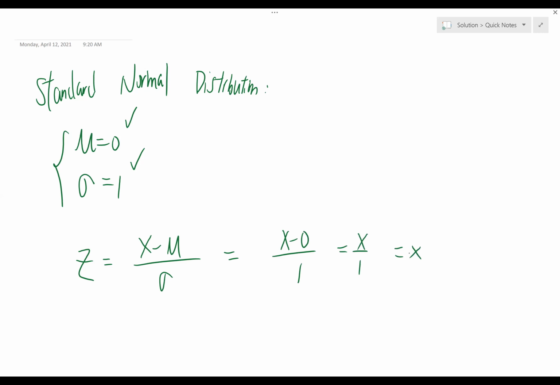The good thing about the standard normal distribution is z-score is the same thing as x value. So if the question tells you it's a standard normal distribution, then whatever x value they give you in the question will be the z-score. And then you can use the z-score to look up the probability from table A2, right?